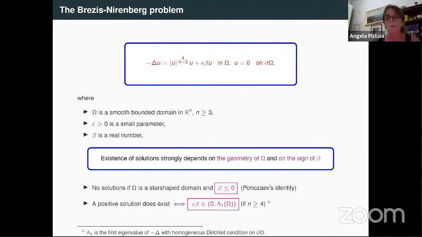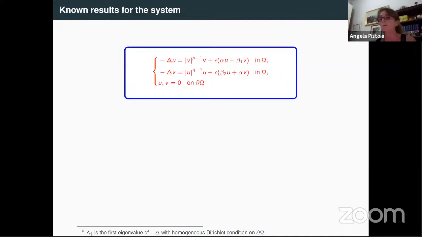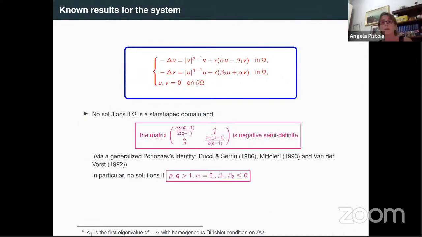Okay, now what can we say about the system? This is the system. Well, concerning the non-existence part, it is possible to show that there are no solutions if the domain is star-shaped and this matrix here is negative semi-definite.